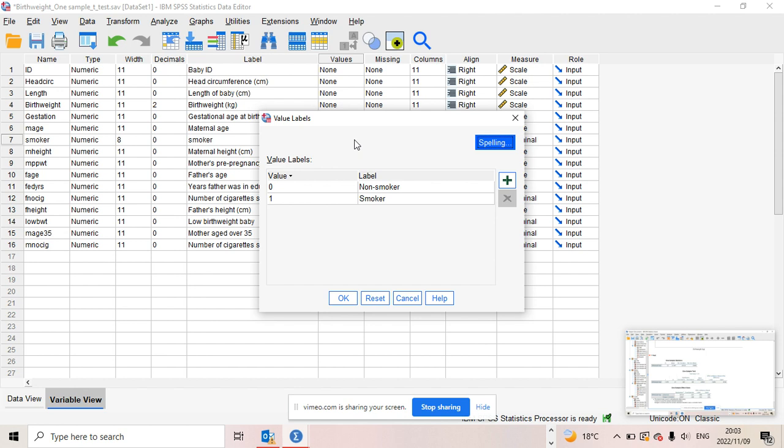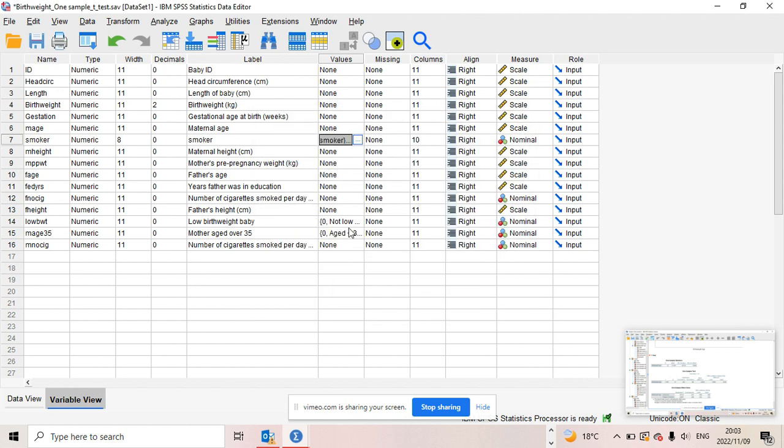You have zero for no smoker and one for smokers, as I've already explained. Then you have another variable here, which is categorical as well, the birth weight of the baby.